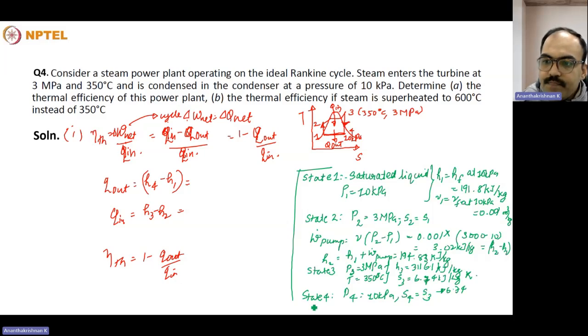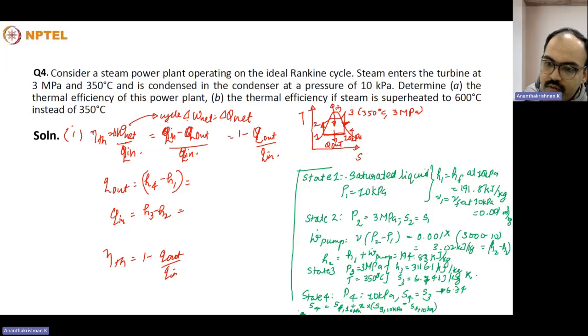So what we can do is that the state point 4 entropy will be equal to the saturated fluid entropy at 10 kilopascal, plus the dryness fraction multiplied by the saturated gas entropy corresponding to 10 kilopascal minus the saturated fluid entropy at 10 kilopascal.